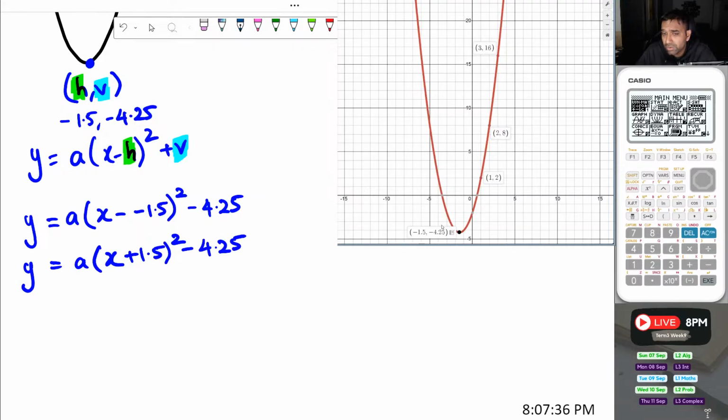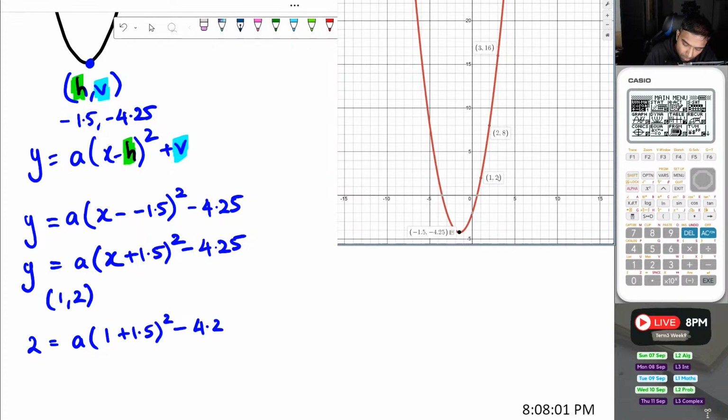Now we need to figure out the value of a, and the way we're going to figure it out is we have to find one of these points and substitute it. In this case, I'm going to use the point (1, 2), which means my y value is 2 and x is equal to 1. So it's a(1 plus 1.5) squared minus 4.25.